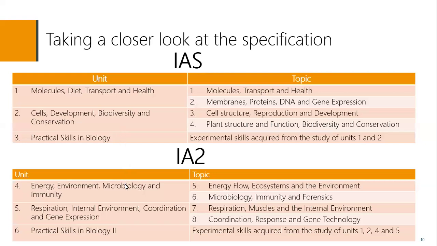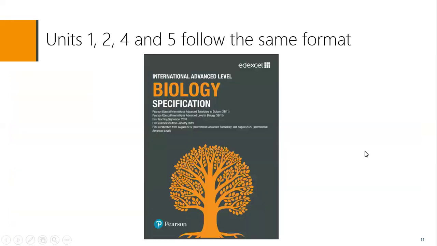And then in the second part of the course, for the A level, IA2, we've got a further 2 units, energy, environment, microbiology and immunity, and respiration, internal environment, coordination and gene expression. Units 1, 2, 4 and 5 follow the same format.